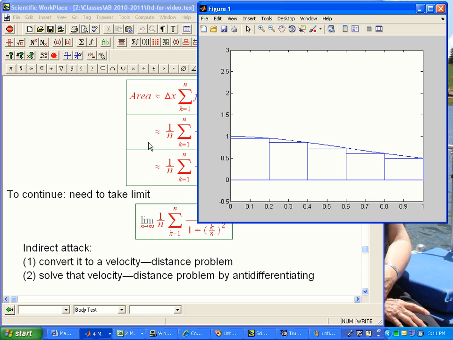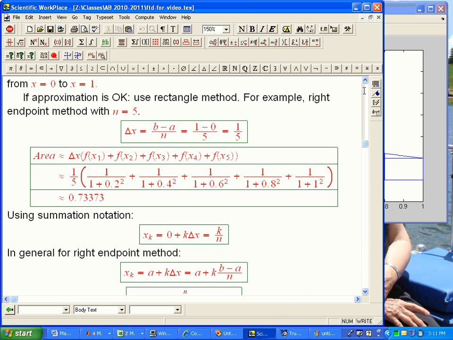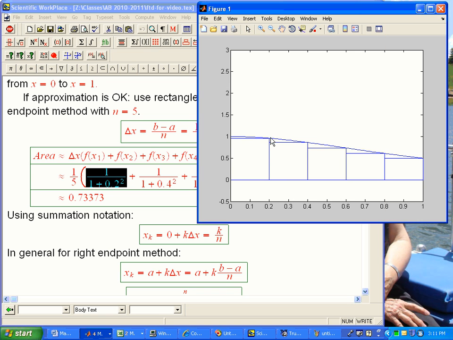Instead of talking about this calculation with the summations, or even the lower tech version with the 5 things as an area calculation, we can say: if this is 1/5 of a second, a delta t, and this is a velocity figure, the height of this guy, that's the velocity as a function of time. Here's the velocity at 0.2 seconds. I'm going to use that as a rough and ready representative of the velocity over all this time. It's not terribly accurate, but we know it's an approximation.